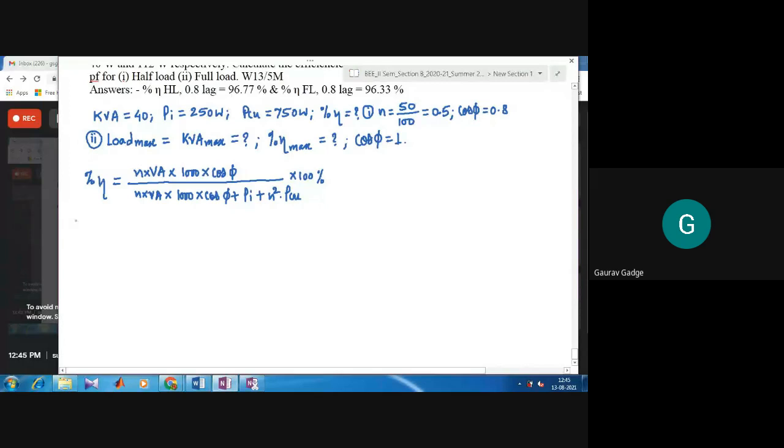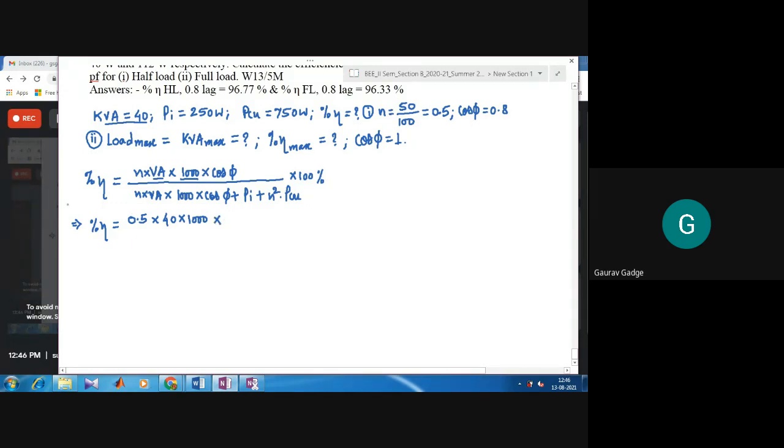Now, this implies percentage eta is equal to N, the value of N is 0.5, multiplied by VA, 40 kVA. Now 40 kVA means 40 volt ampere, and we are already multiplying it by 1000, because we need the quantity in volt ampere. So we just need the value 40, and we are already multiplying by 1000 multiplied by cos phi.